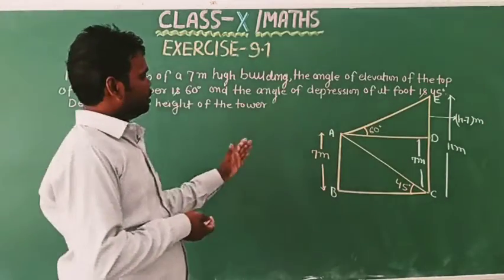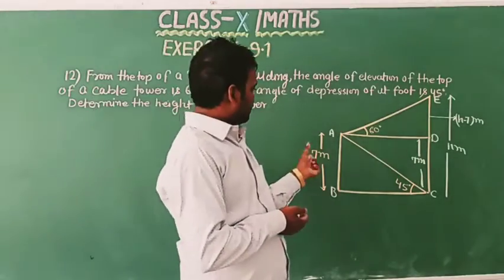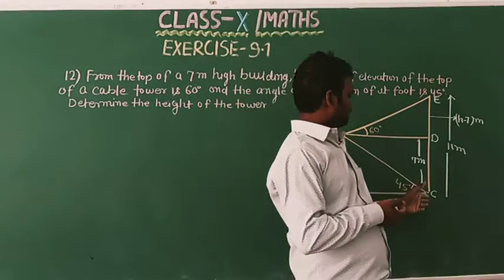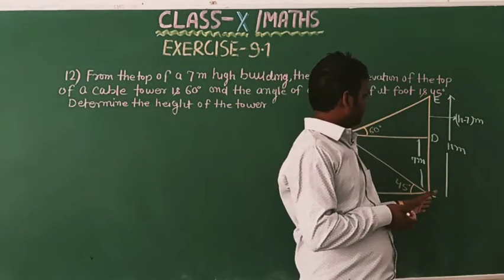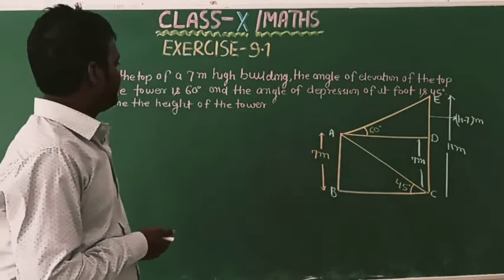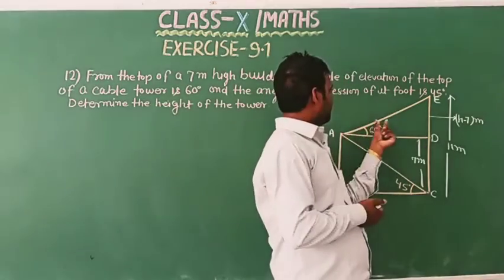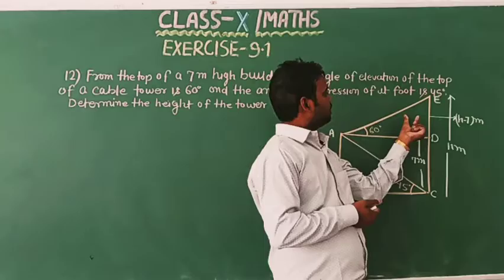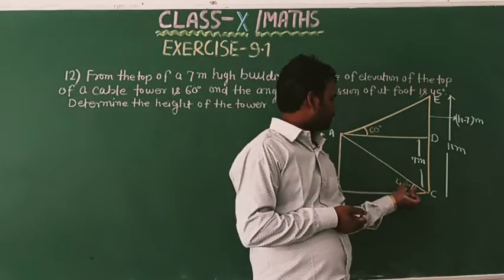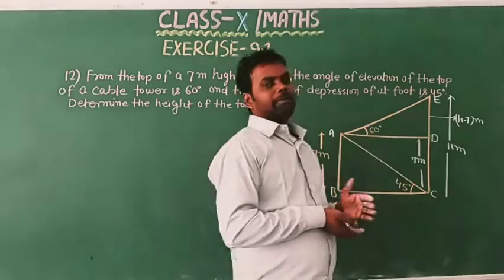Okay, so children, this is the diagram of question number 12, where AB is the 7-meter high building and CE is the cable tower. The angle of elevation from the top of the building to the top of the tower is 60 degree, and the angle of depression to the foot of the tower is 45 degree.